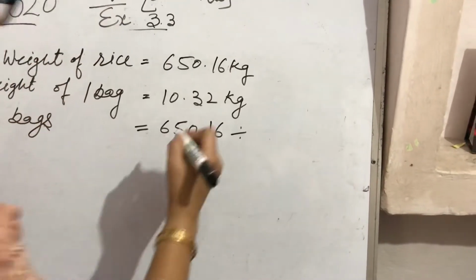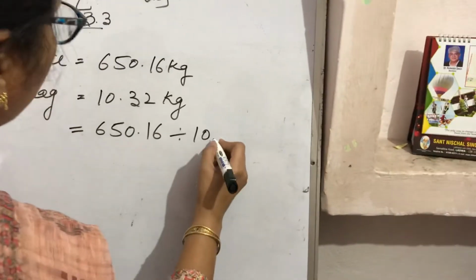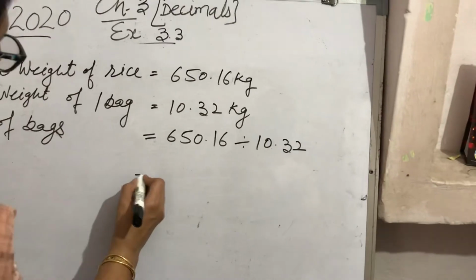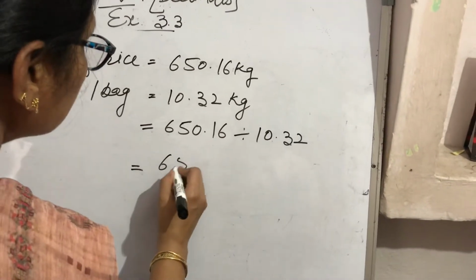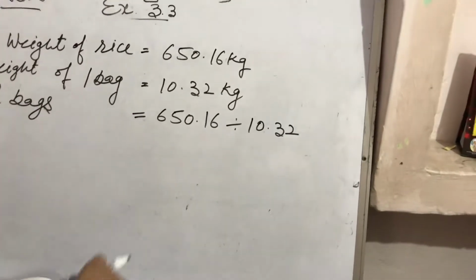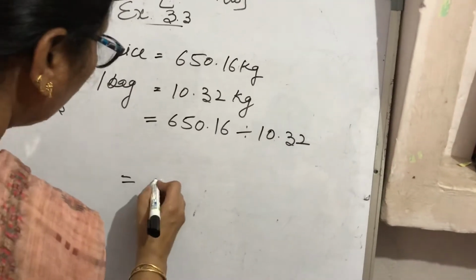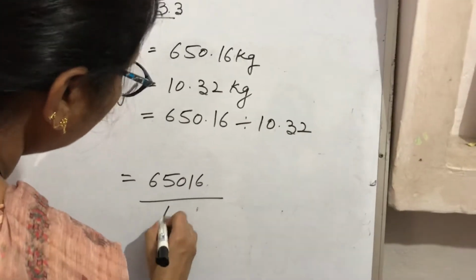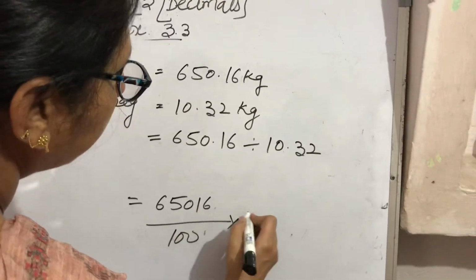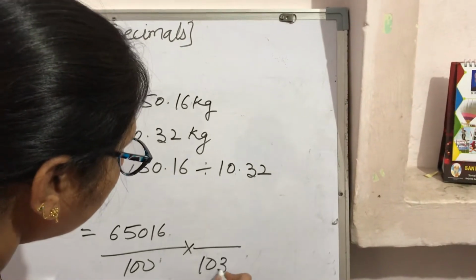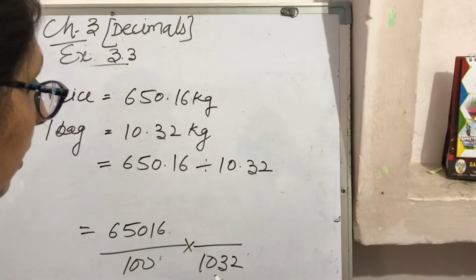650.16 divided by 10.32. Simple, we'll divide it. 650.16, we'll remove the decimal: upon 100, multiply 10.32 by 100, the reciprocal, as we have already done, by removing the decimal.